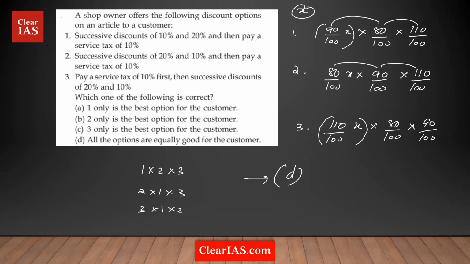So as a homework, you can plug in some values, okay? Again, you can try a value like 100 and see whether you are getting the same answer or not. So as a homework, you plug in 100 and take a successive discount, 10% decrease it, 20% decrease it, add 10% to it. Then take the second one and third one, see whether you are getting the same answer or not.